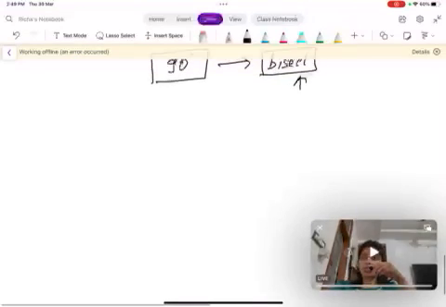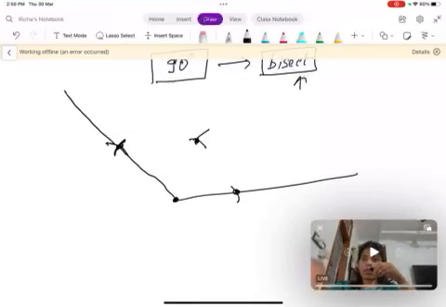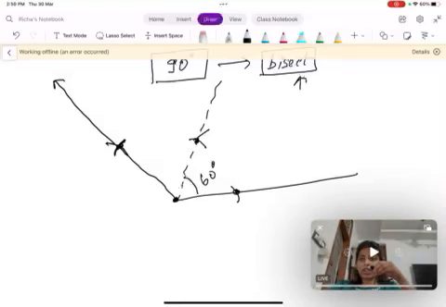As we already know how to construct 120 degrees, cut an arc here, with this as center cut an arc here, this is 60 degrees, then again an arc here and an arc here, this is 60 degrees. So this whole is 120 degrees.